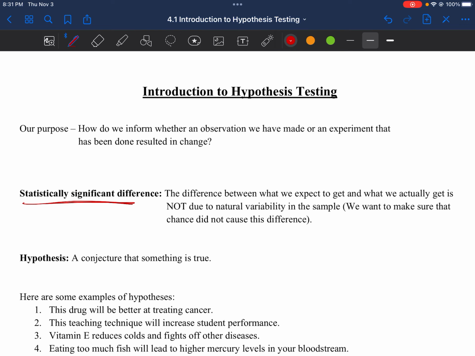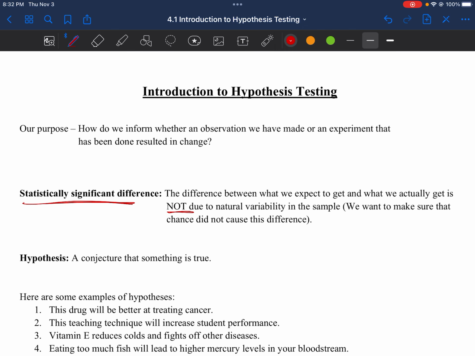So we want to know that the difference between what we expect to get and what we actually get is not because things are normally distributed and there is naturally variability. We know that most data sets have a standard deviation. We want to make sure that chance did not cause this difference. We want it to be statistically significant enough that it's very unlikely that chance caused that to happen.